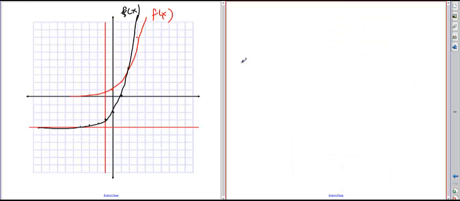Okay, let's do one more where we're just doing the x and y transformations. And let's use 3 instead. So we'll do 3 to the x minus 2 plus 1.